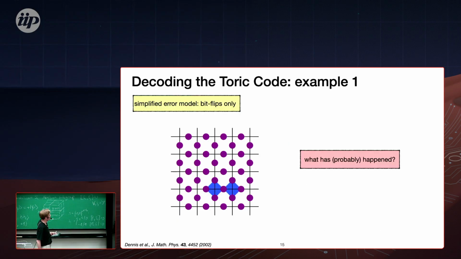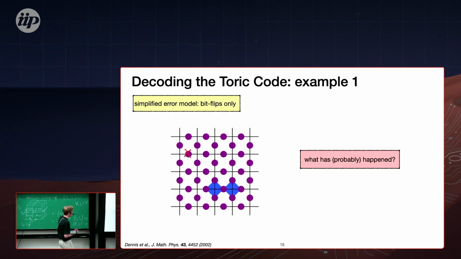Okay, first, where's the error here? What has probably happened? Where has probably been the bit flip error? Was it here? Who's for here? No one? I've already shown this before.